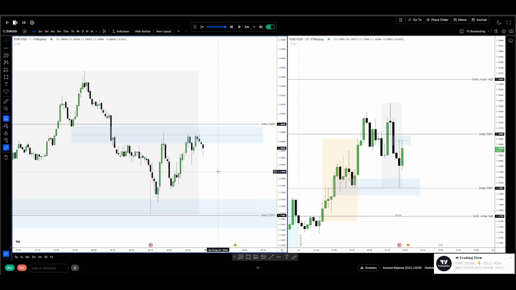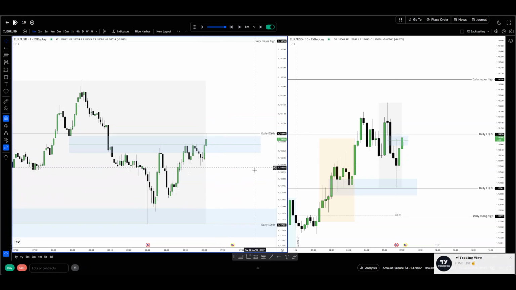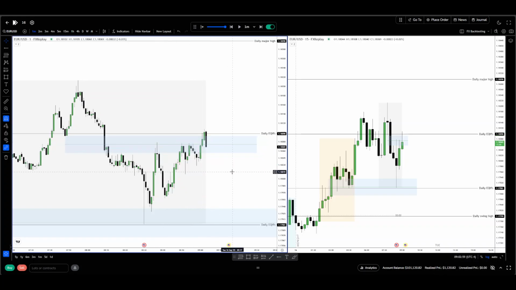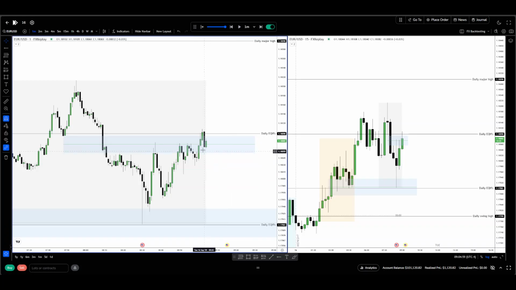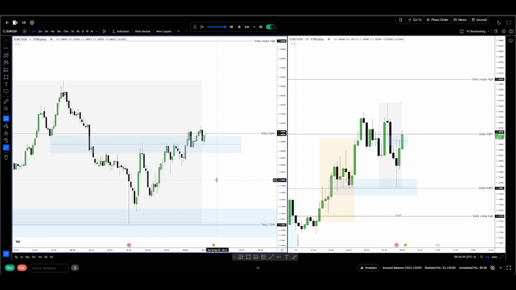Respecting the bearish fair value gap. But look how it fails to send price lower. So now we have traded through. We're now taking out those relatively equal highs. Notice how it respects at this moment this order block and this fair value gap. So this is a very nice entry, by the way, to look for higher prices.